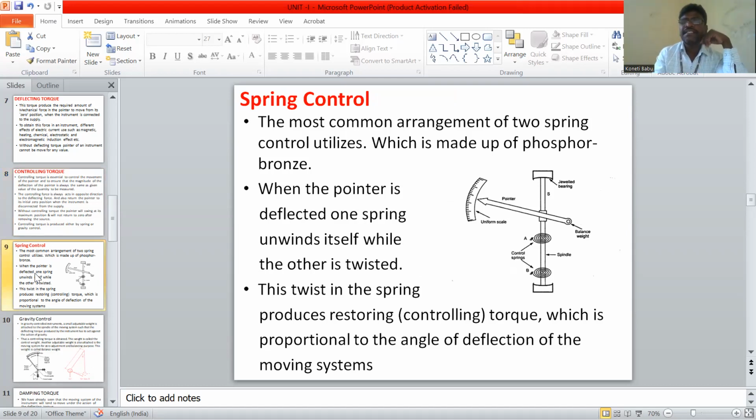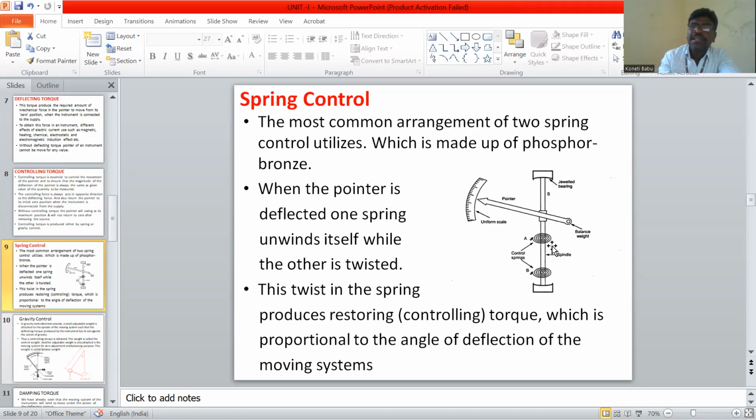In this system, we use two phosphor bronze springs, A and B. The inner end of each spring is connected to the movable spindle. The two springs are wound in opposite directions.